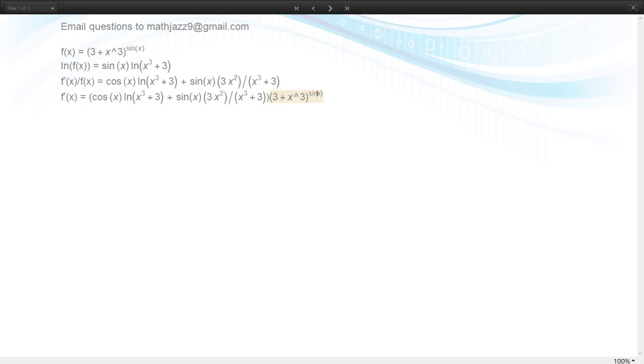If I change all of these to brackets, then I can do a traditional form, and it might look clearer what's going on.